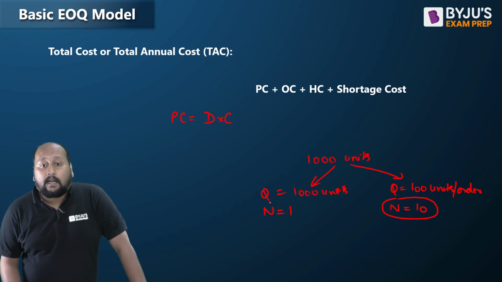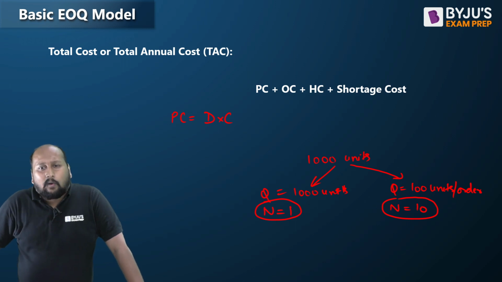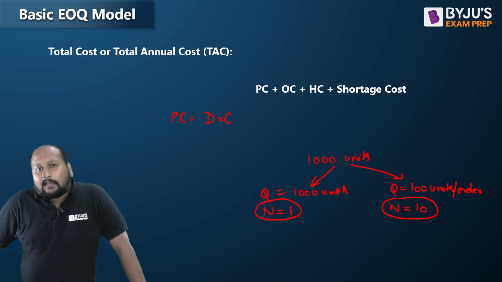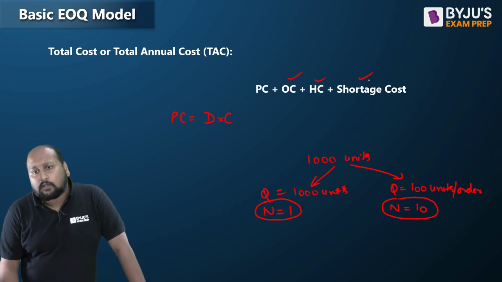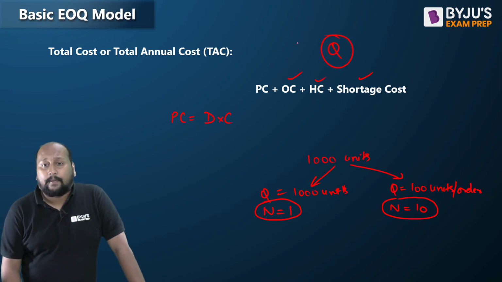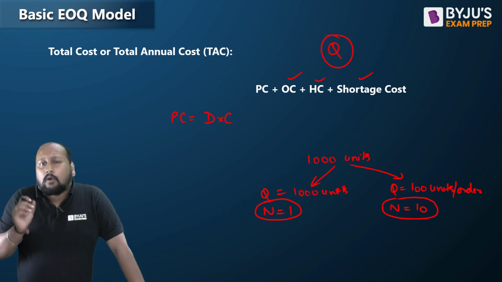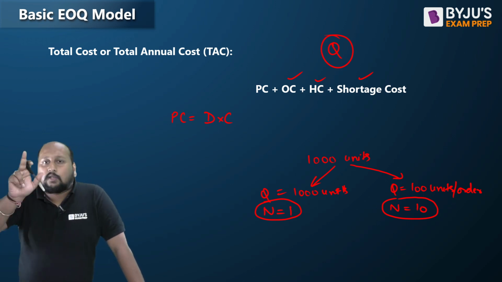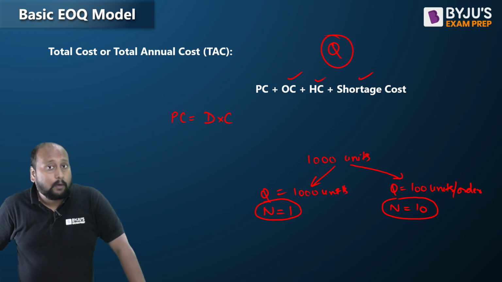On the other hand, over here you only pay 1 lakh rupees, because in 1 lakh you are getting all the 1000 units. So it depends upon the order size. Ordering cost, holding cost, even the shortage cost, all depend upon the order size, which we denote as capital Q. There might be some value of this Q at which the total cost will be minimum, and that is the objective of studying this economic order quantity model.